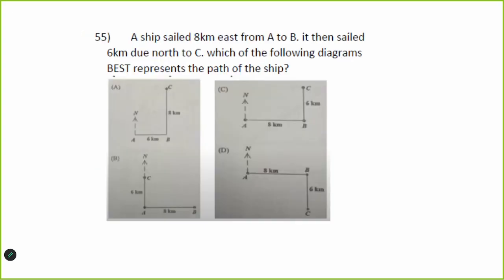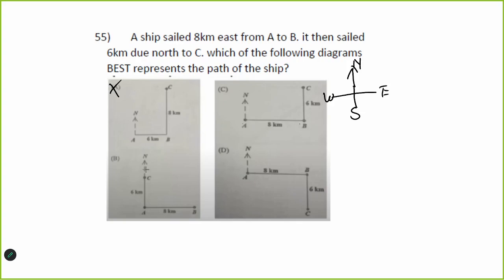This one here, a ship is sailing 8. So north is always this direction, okay? So if this is north, this is going to be south, and it's always west and east. That is your 4 cardinal points, right? So a ship from point A to B is sailing 8 kilometers east. So from A to B is 8 kilometers. So it's not this one.